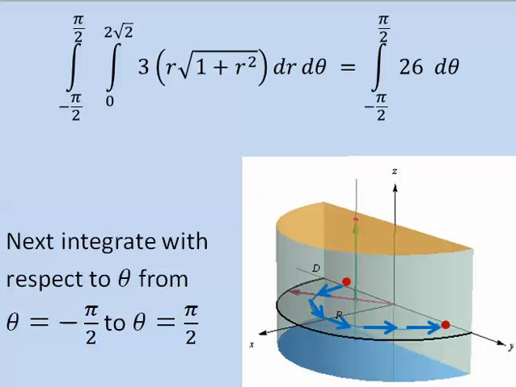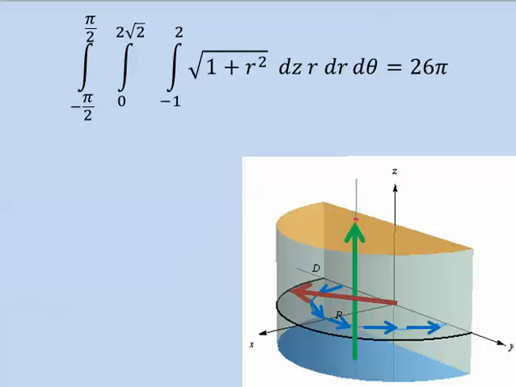And I get 26. Next, integrate with respect to theta. And my function evaluated over the region D is 26 pi.